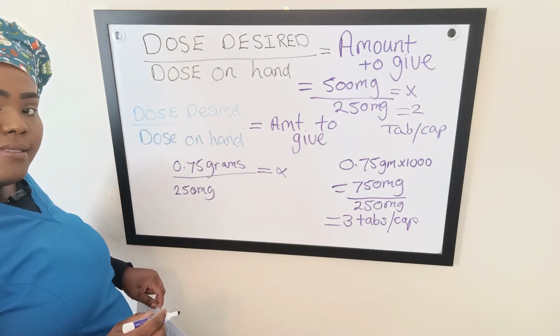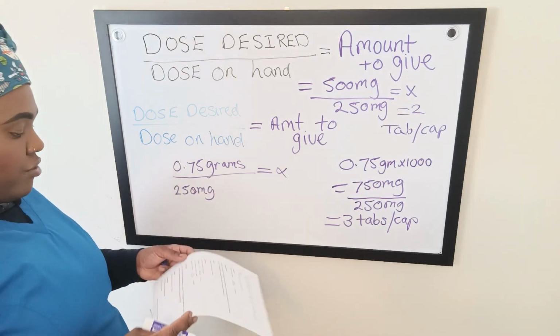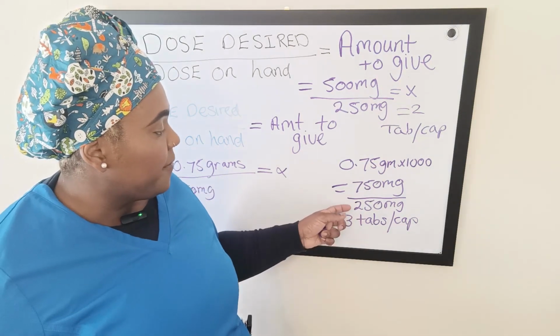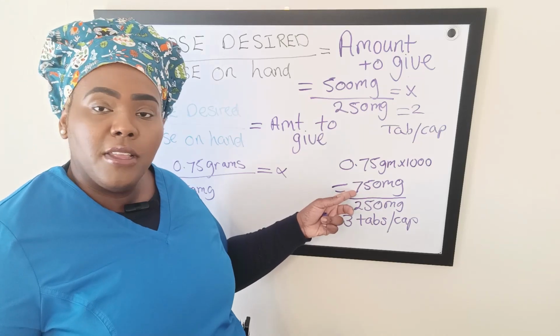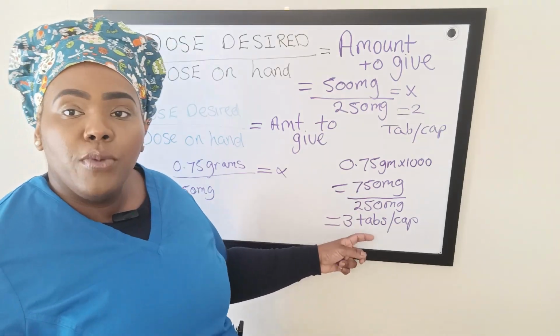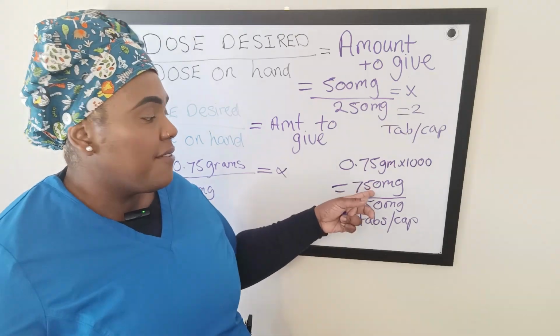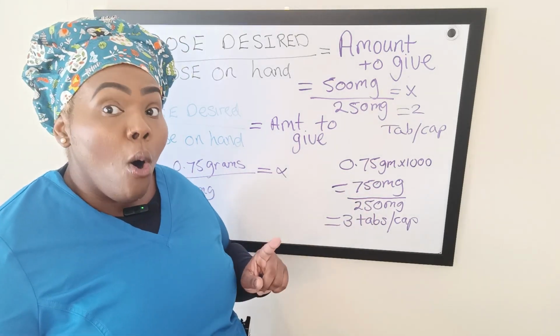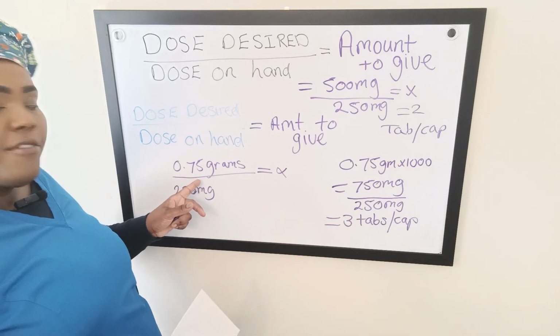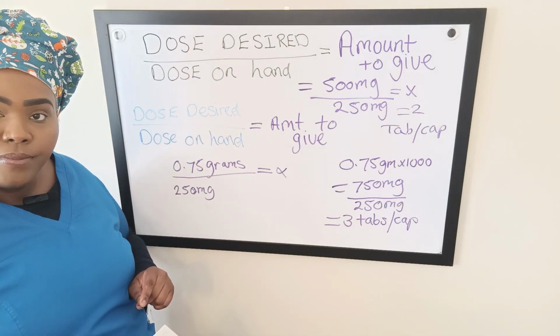Does that make sense? 3 tabs or capsules, because 250 milligrams into 750 milligrams is 3. So we are going to give 3 tabs. It gives this patient 750 milligrams or 0.75 gram, as the doctor wrote the order. Okay?